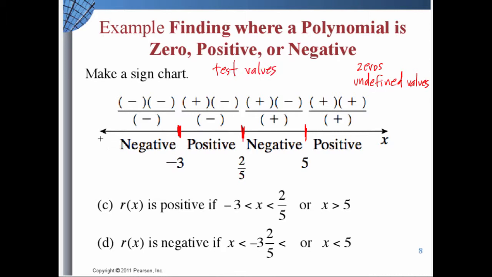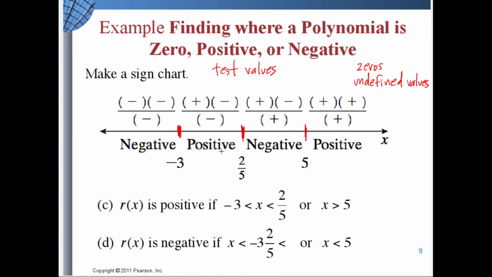So our first interval is negative infinity to negative 3. That's this interval here. If we choose any value in there, this is the sign scenario we get. Negative times a negative over a negative, going to be a negative value. Okay, on the interval negative 3 to 2/5, any number in there is going to give us a positive times a negative divided by a negative.